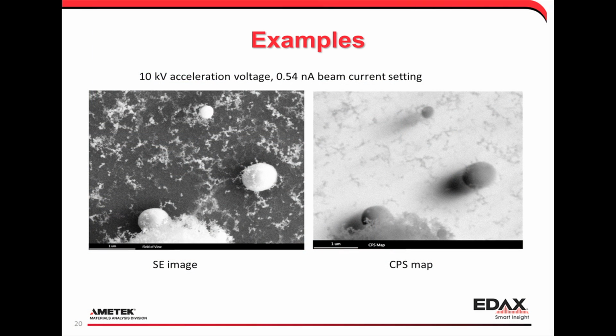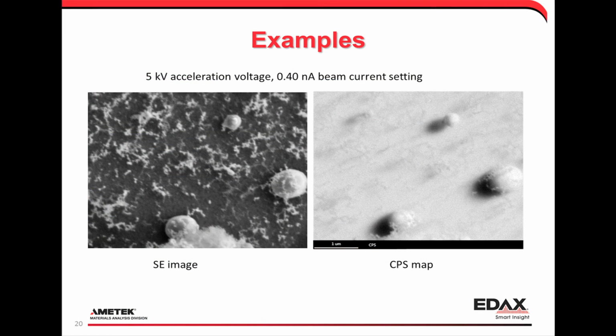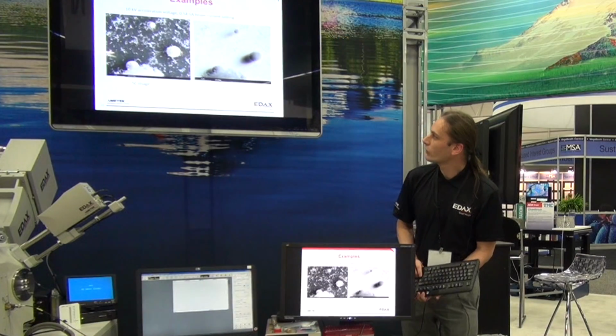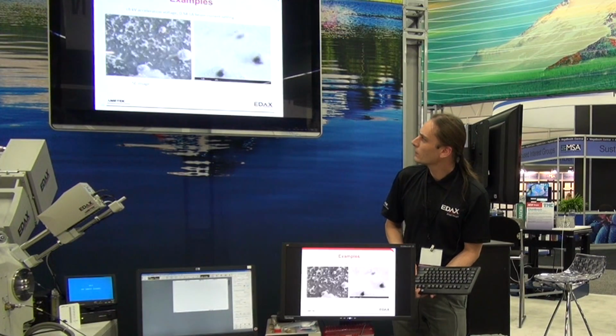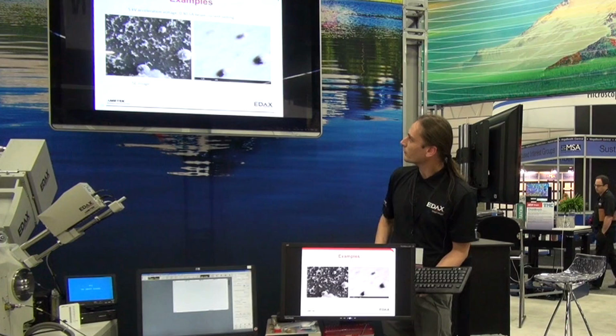Again, 10 kV and half a nanoamp, 5 kV and 0.4 nanoamps. So I lose a little bit going down to 5 kV. My probe size increases a little bit, but my interaction volume is now significantly closer to the surface. Just show that again. That's the 10 kV, 5 kV.